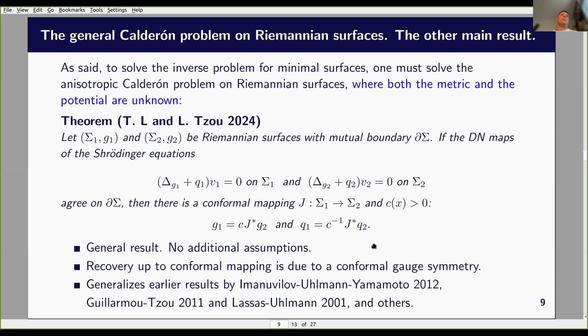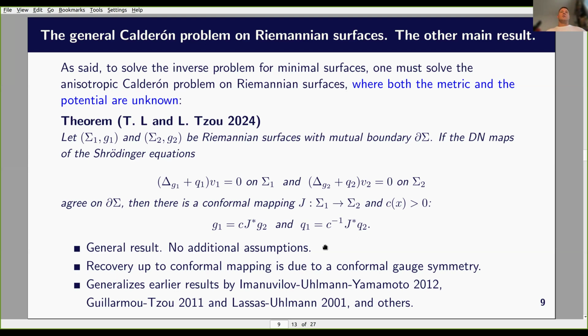Now if the Dirichlet-to-Neumann maps of the Schrödinger equations, Laplacian G1 plus Q1 on sigma 1 and similarly on sigma 2, agree, then there is a conformal mapping between these Riemannian surfaces, which means in geometric notation that G1 is a conformal multiple of the pullback of G2 by this mapping J. Also the potential Q is not uniquely recovered, but only up to this mapping J, and one also needs to scale the potential by the inverse power of C. So Q1 is C to the power minus 1 times the pullback of Q2 by J.